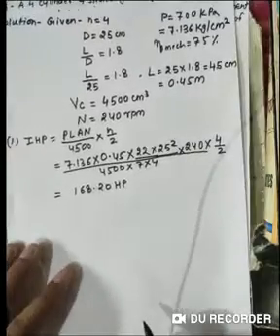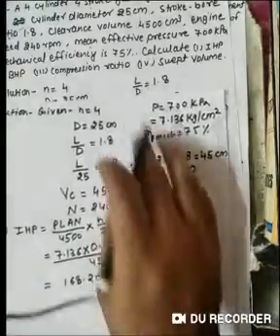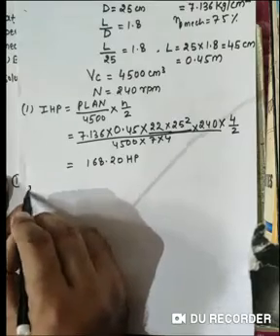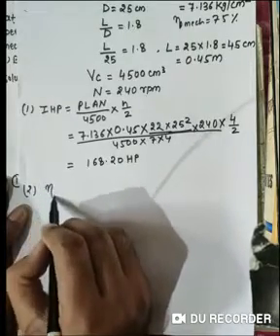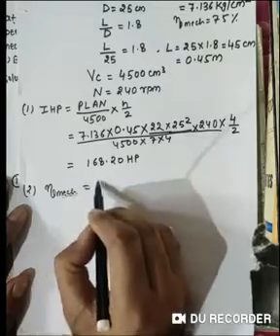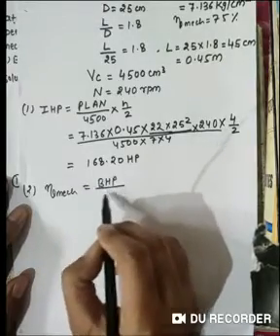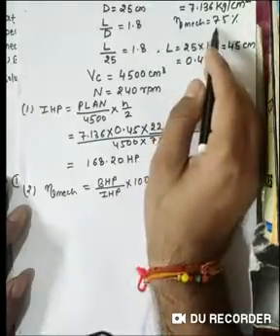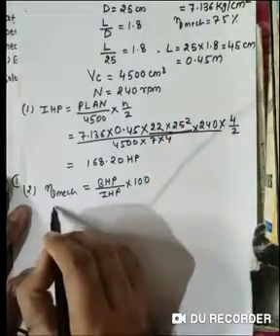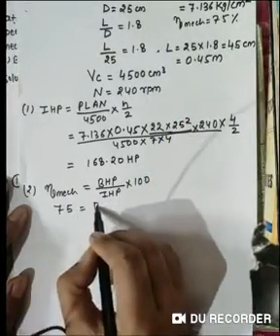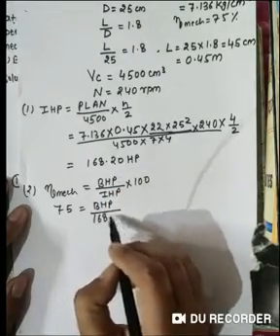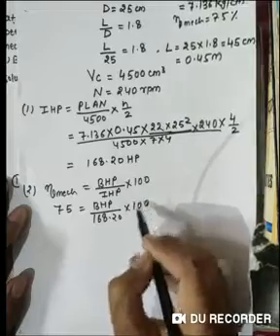Okay, now we have to calculate the next term, that is brake horsepower. So formula is similar as I have explained in previous way. Second is bhp. So mechanical efficiency is equal to bhp upon ihp multiplied by 100. Here your mechanical efficiency is 75%. So 75 equal to bhp. Value of ihp is 168.20 multiplied by 100.